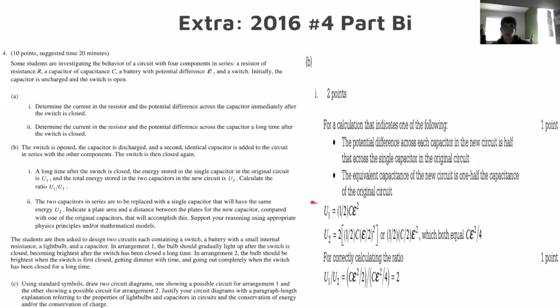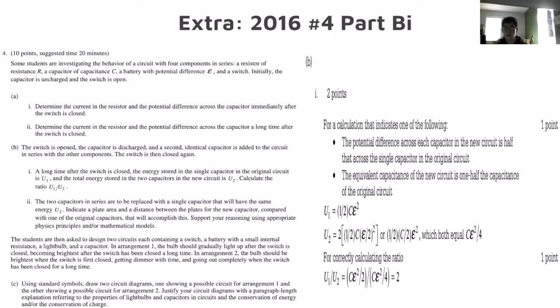So in the first part, obviously you have to use the energy equation, because remember how we showed you 3 in the review video? We have to use one of them, which is U equals half CV squared, and the V is the EMF. So don't be confused by that. Just think about that as a V. That's the first equation for the first capacitor, which is U1. And then U2 is basically the same thing, but you have to take into consideration that there's a new capacitor.